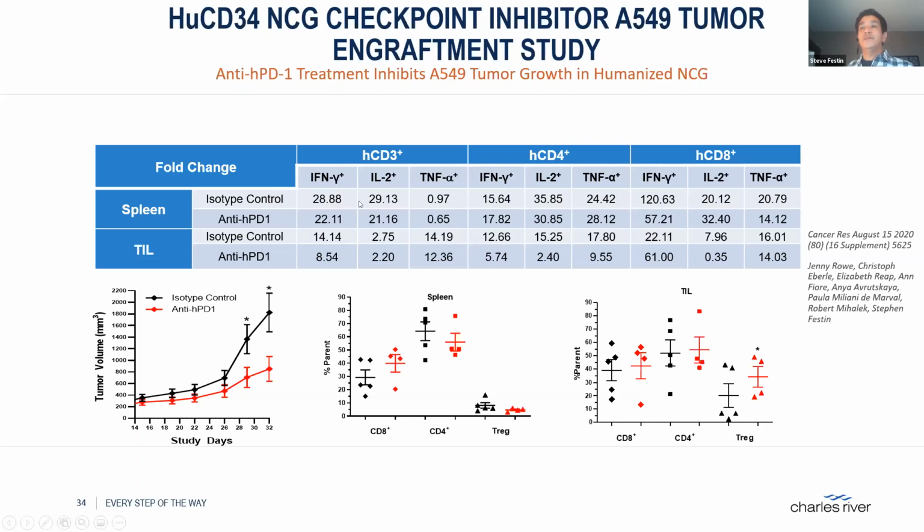And so across the board in both the tumors and the spleen, we see that the cells are not exhausted, that they're able to respond to stimuli and are producing factors, the cytokines, that are associated really with the ability to modulate the tumor growth. So very happy to see that in the A549, and you'll see in the subsequent slides and studies, we have a repeat of that.